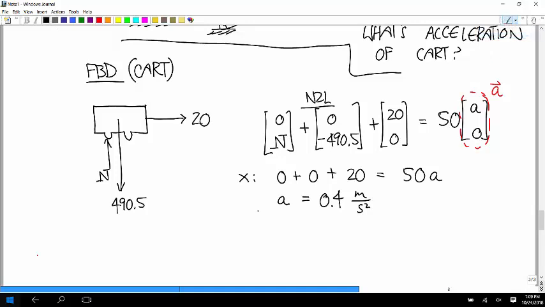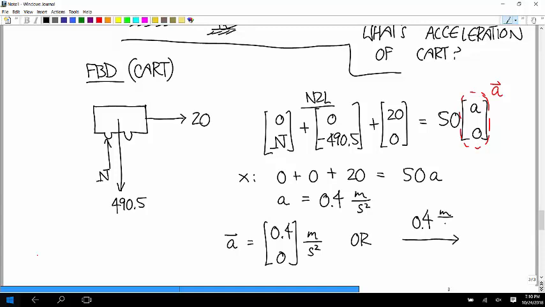Plug this a into the acceleration vector, and you get that the acceleration vector is equal to 0.4, 0. Since that's the positive x direction, it points this way with a magnitude of 0.4 meters per second squared. Any questions about that?